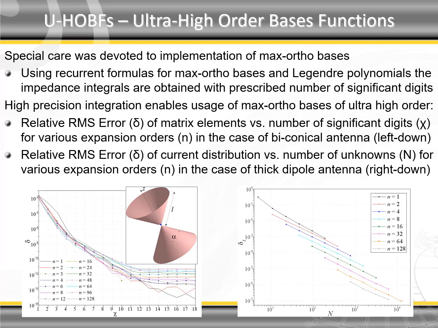In the case of thick dipole antenna, a relative root mean square error of current distribution versus number of unknowns for various expansion orders is shown right. In the case of axially symmetrical antennas, the expansion orders up to 128 can be effectively used.